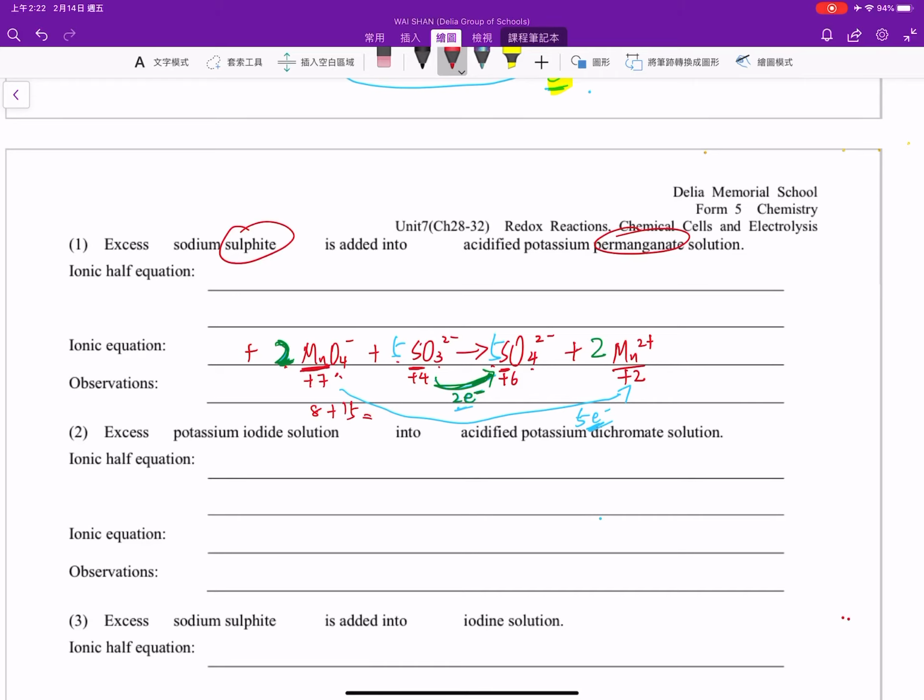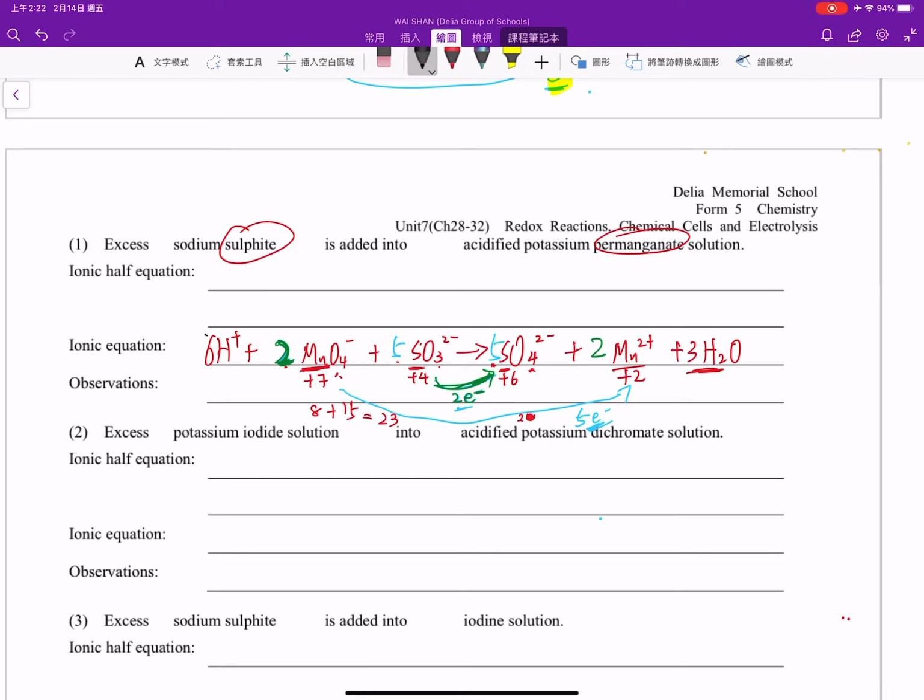Altogether there are 23 oxygen, and then here 5 times 4, only 20 oxygen. So here we need 3 more oxygen, so we add 3 water, and then because we added 3 water, altogether 6 hydrogen ion.